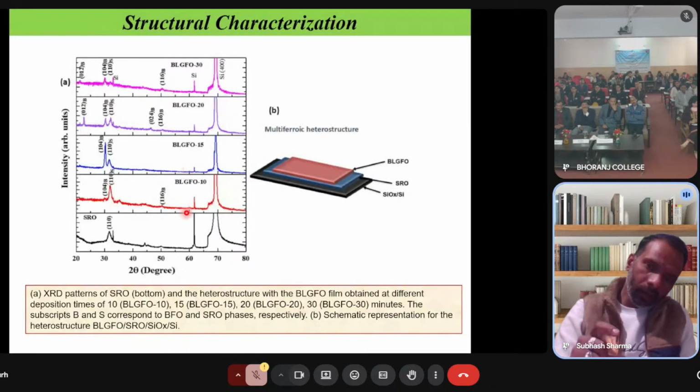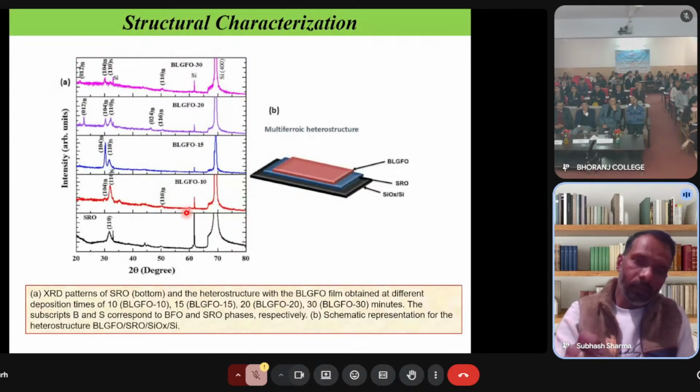So basically this time means I switch on the plasma for 15 minutes, 20 minutes, or 25 or 30 minutes. It means 15 minutes is that your argon atoms are making collisions with your target for 15 minutes. So the more the time, the more the thickness.